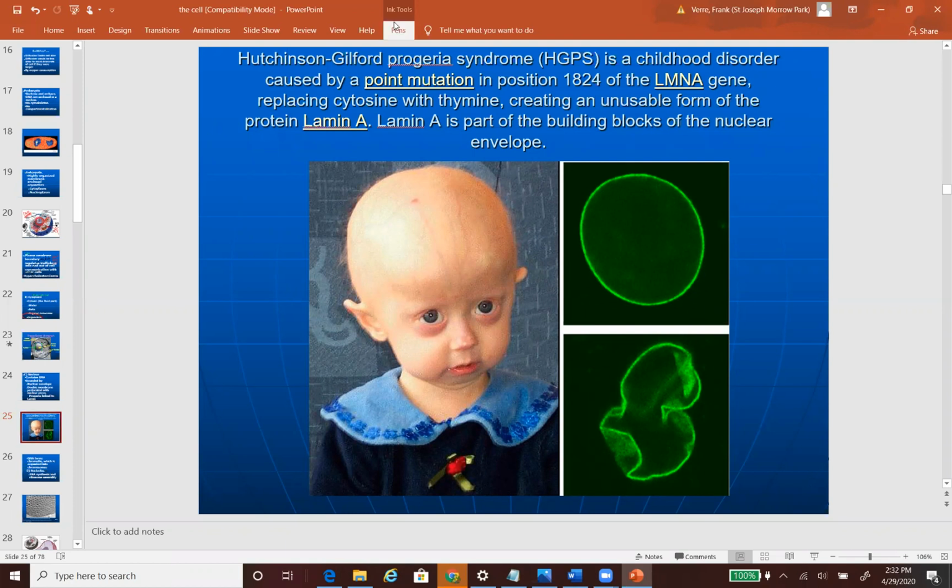You can see the top right is an image of a normal nuclear membrane, and the bottom right is an abnormal nuclear membrane. And this abnormality leads to a condition called progeria. And you can just tell there's something not quite right here with this child. This is going to cause rapid aging. I'm not really sure exactly how long these children live, but I don't think they live past the age of 15 to 20 years, something like that. So it's a very, very catastrophic problem.